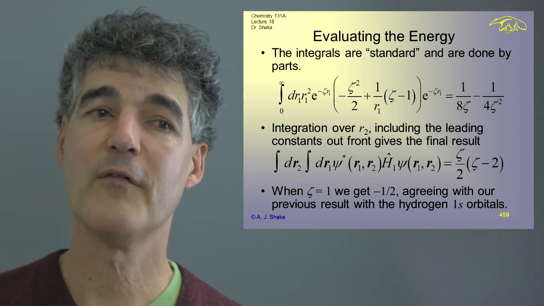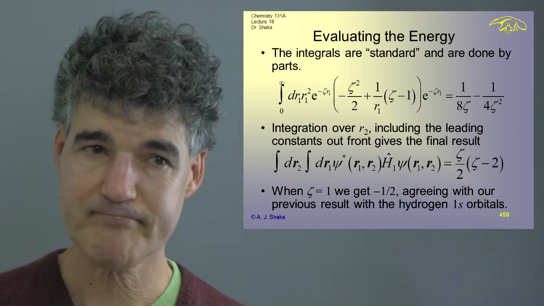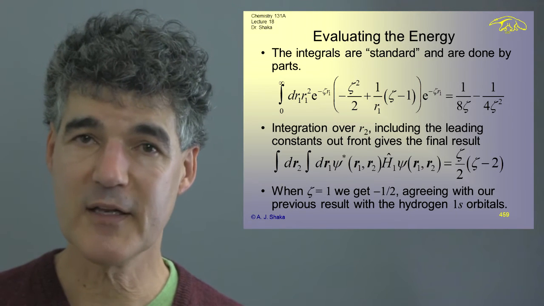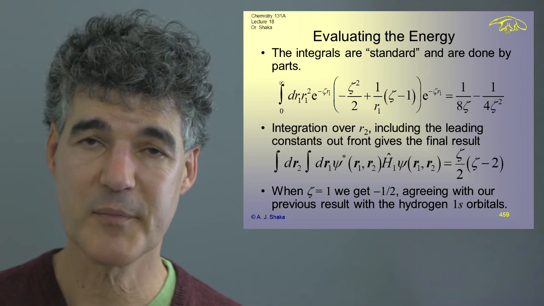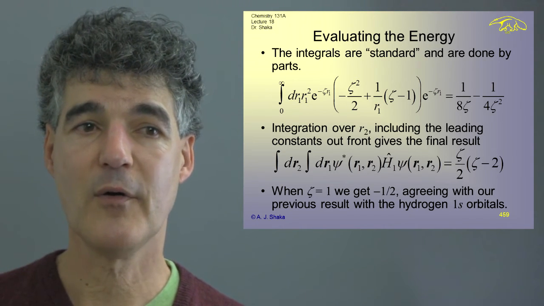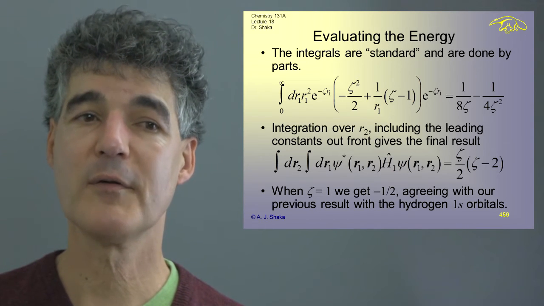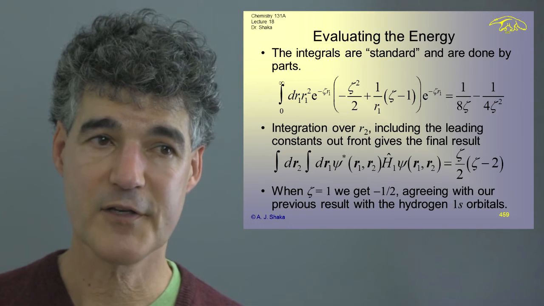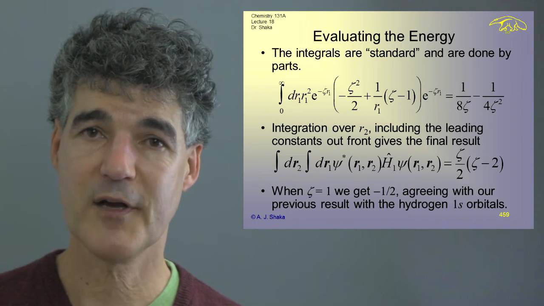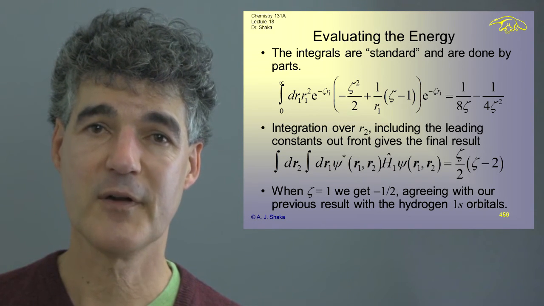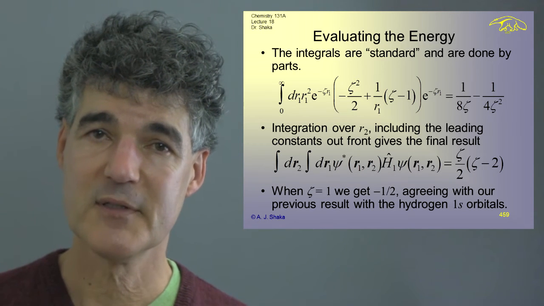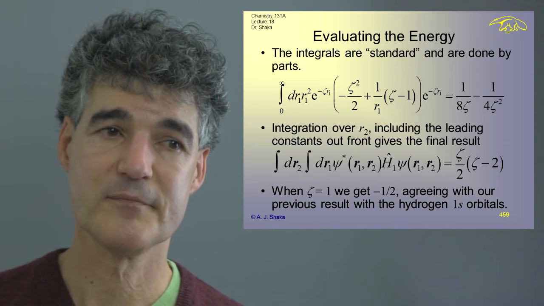If you integrate over r2, including the leading constants out front, and you do the whole thing, then you get the following result for the single electron energy, the expectation value of just the Hamiltonian H1: zeta over 2 times zeta minus 2.